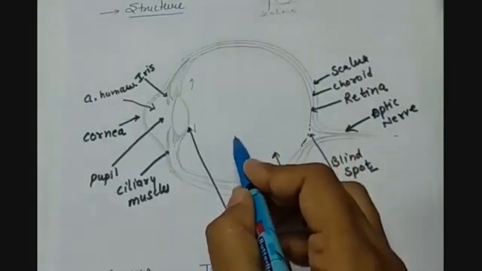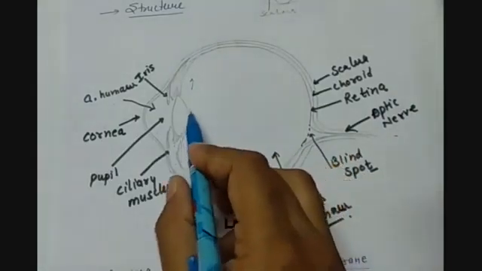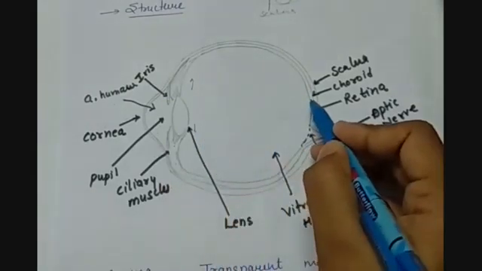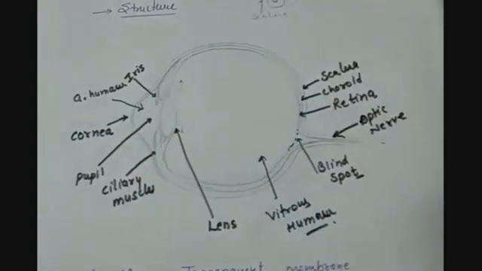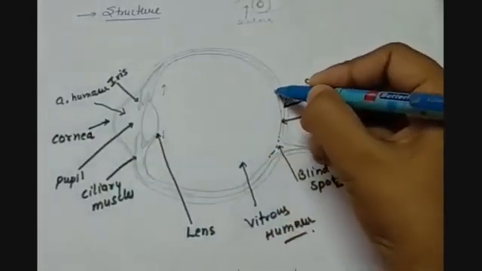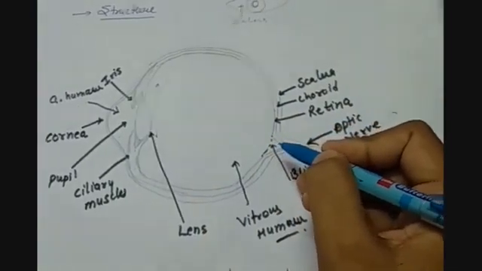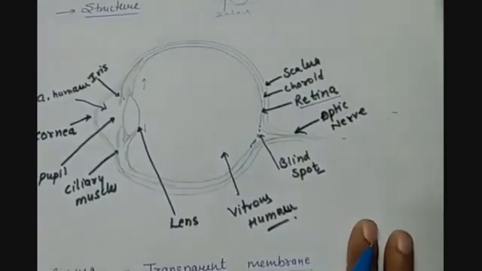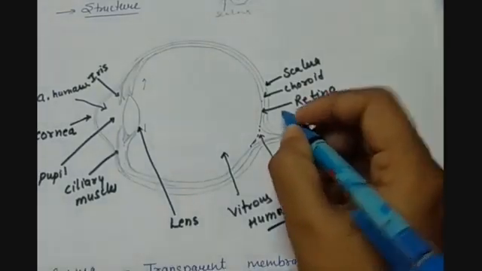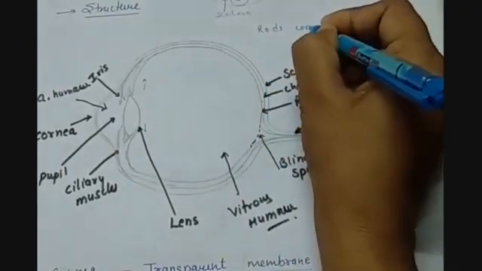This is almost 70% water, so that the light can pass through it and that can make an image of the object on retina. The innermost layer of the eye is called retina. This layer of the eye contains the photoreceptors called rods and cones.